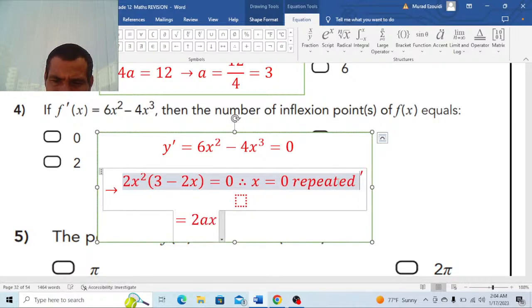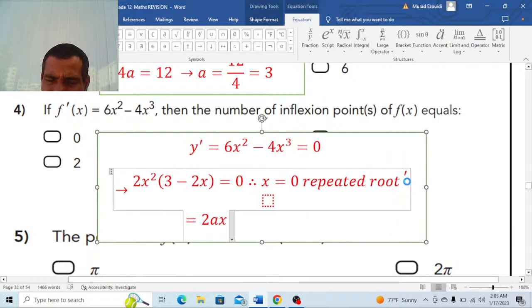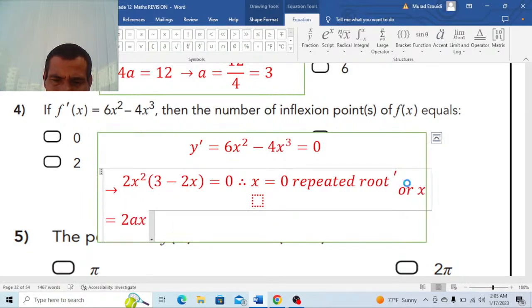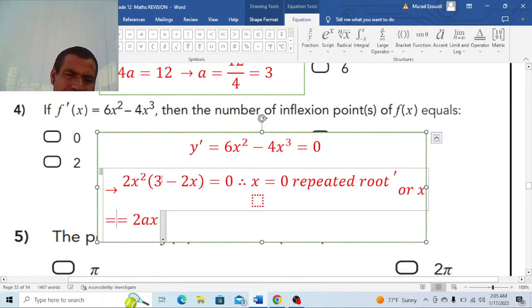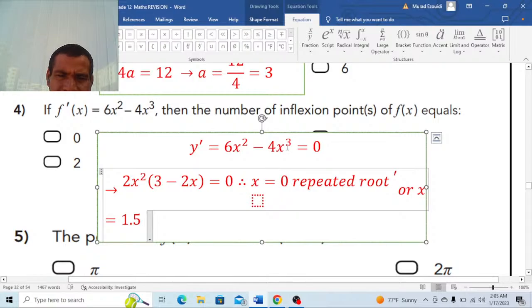Or double root. And therefore, learners, to find the second value, x is equal to 3 divided by 2. Now learners, let's say the number of inflection points here will be 3, simply because of the function.